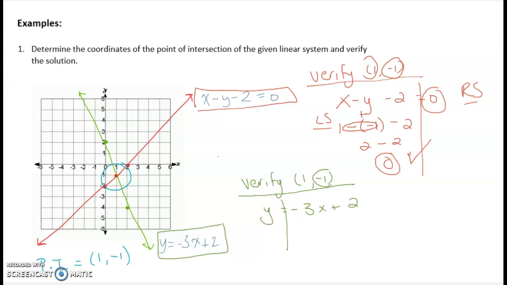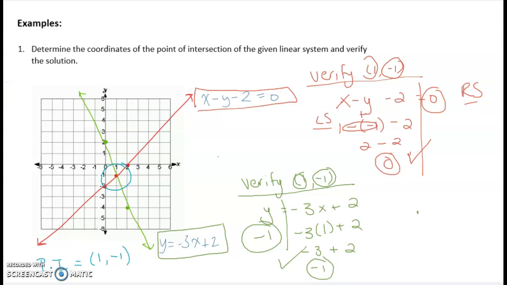So y is -1. So this side equals -1. And now let's figure out the right side. So we have -3, x is 1, so we multiply it by 1, plus 2. So -3 times 1 is -3, and then we have to add 2. -3 plus 2 is -1, so left side equals the right side.